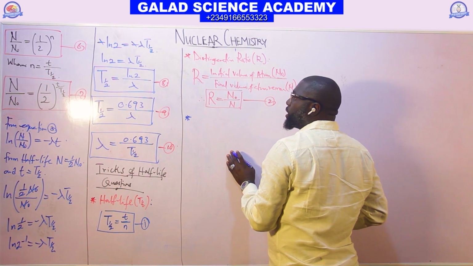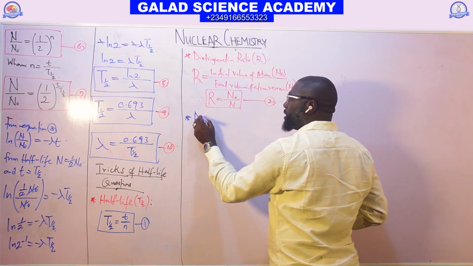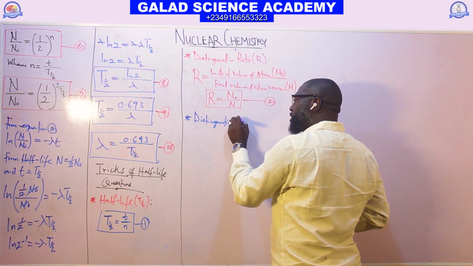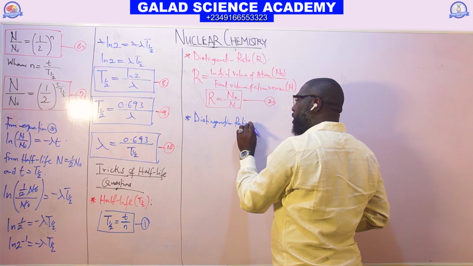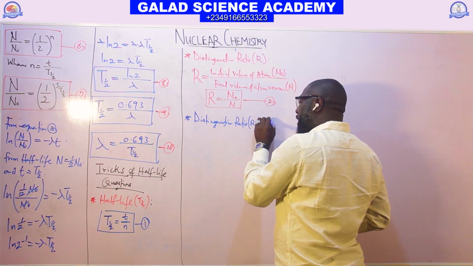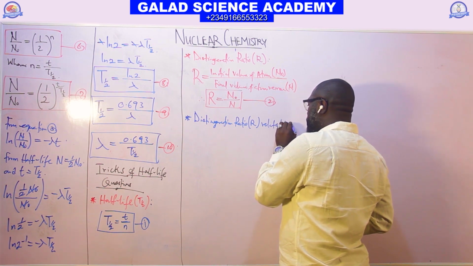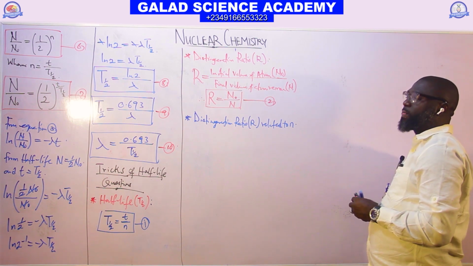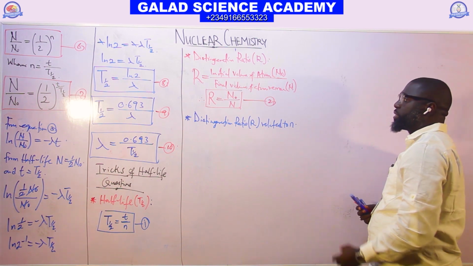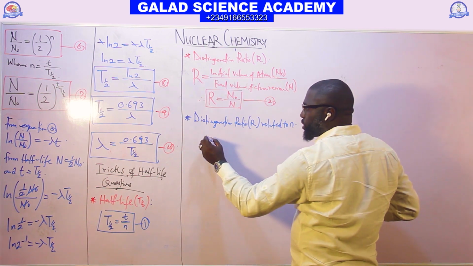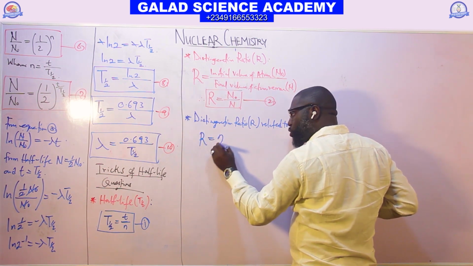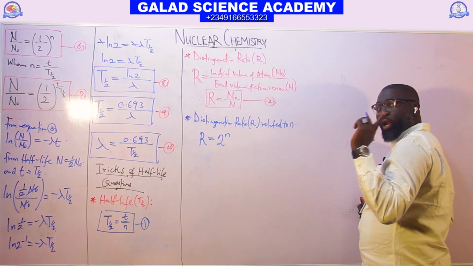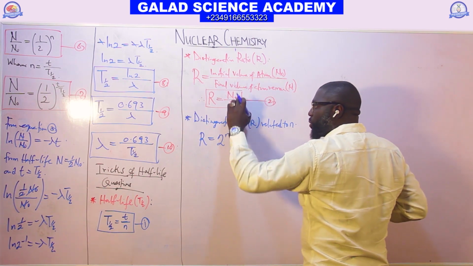The third one is disintegration ratio R related to N. If I relate the disintegration ratio R to N, it will give us R equal to 2 exponential N. And we all know that our R is this.